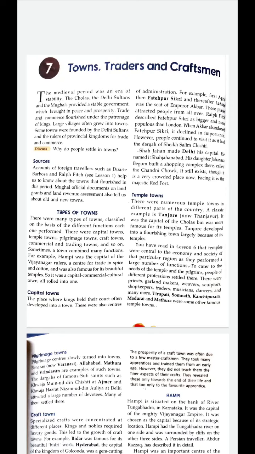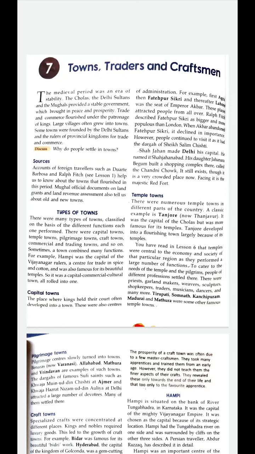Clear? Now, next is our temple town. There were some towns which were occupied only and only by temples. That is, all the buildings out there were converted into temples, and apart from that, there were many temples built by different rulers and kings of that time. Clear? Now, there were numerous temple towns in different parts of the country.